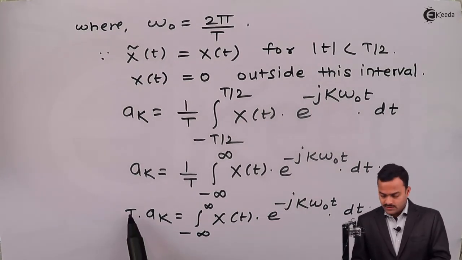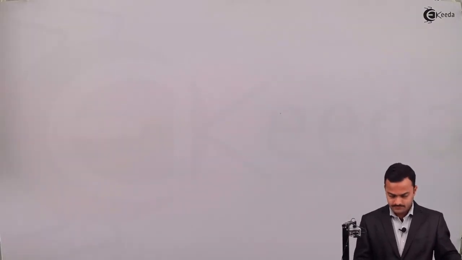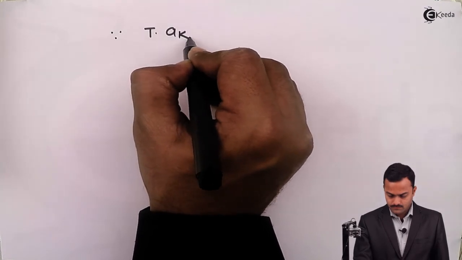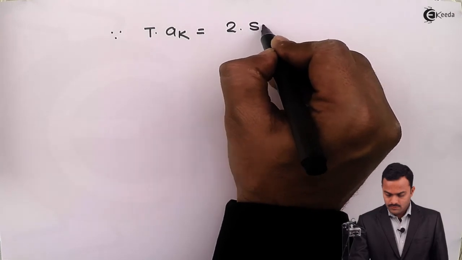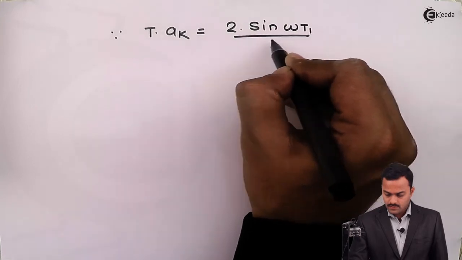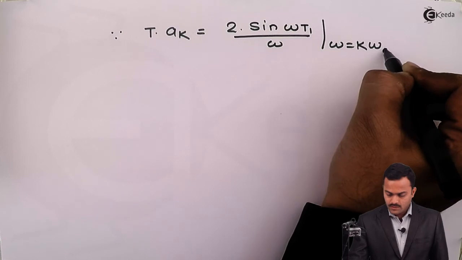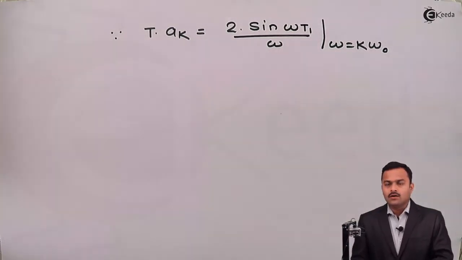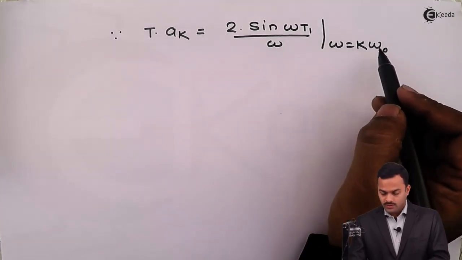Now we know this T into ak is like 2 sine omega T1 upon omega, where omega is k omega 0, which is nothing but an envelope function that depends upon omega only.